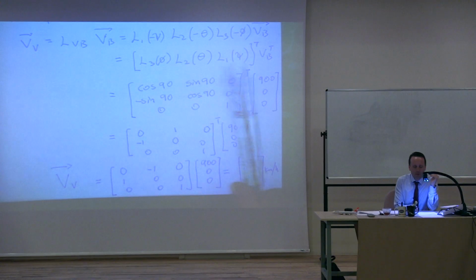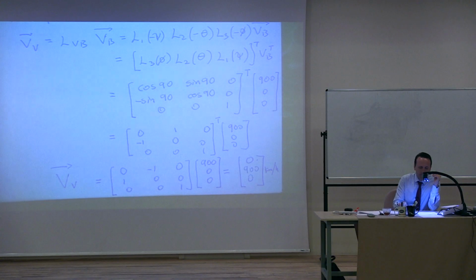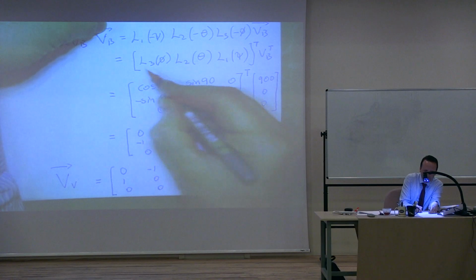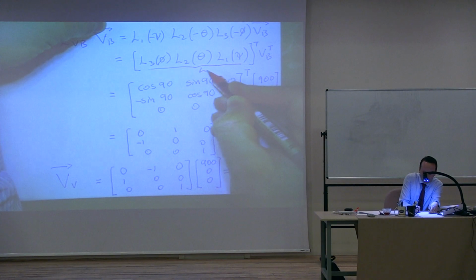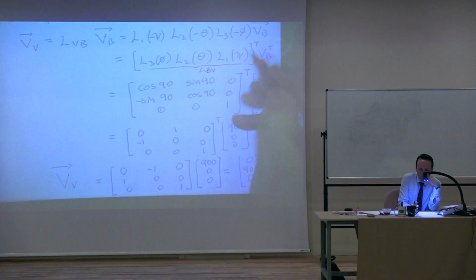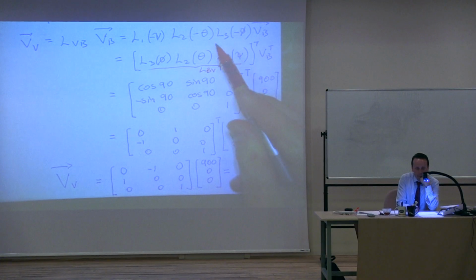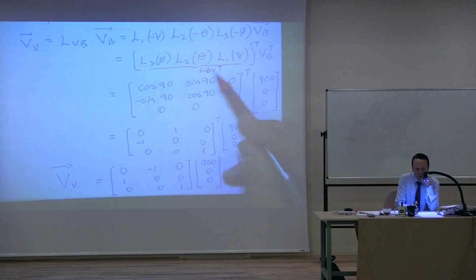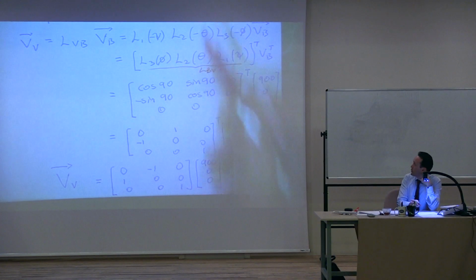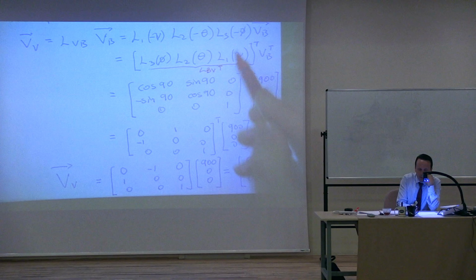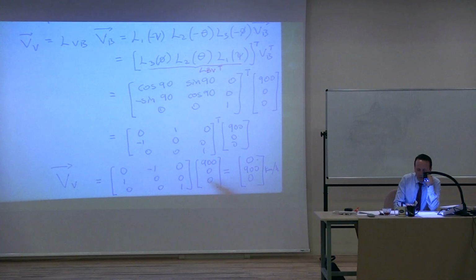But that is also equal to vehicle to body, but you take the transpose. The angles are 0, and therefore I only take the psi, so it's only this. You write this, take the transpose, and this is your result.